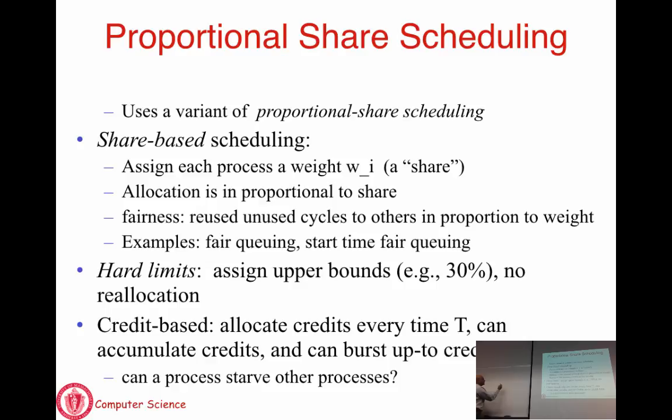So if you have, let's say, two containers, and this one is given a weight of 1 and that one a weight of 2, this one is going to get a third of the CPU share, and that one is going to get 2/3 of the CPU share. This is why it's also called share-based scheduling. The normal abstraction is you have a weight and you're allocated that resource, in this case the CPU, in proportion to your weight.